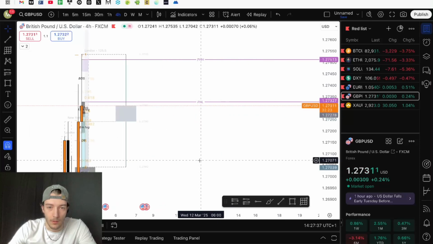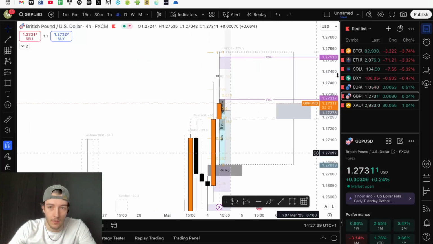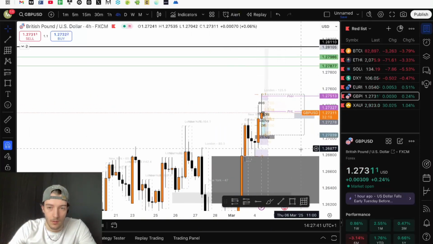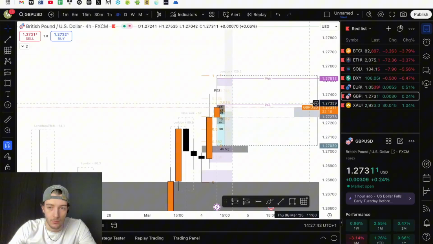Let's see how our 4-hour candle looks on GU.